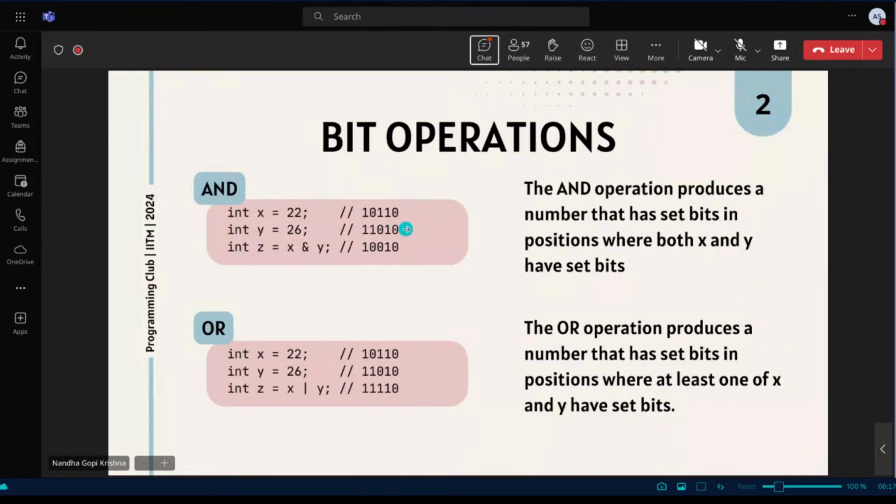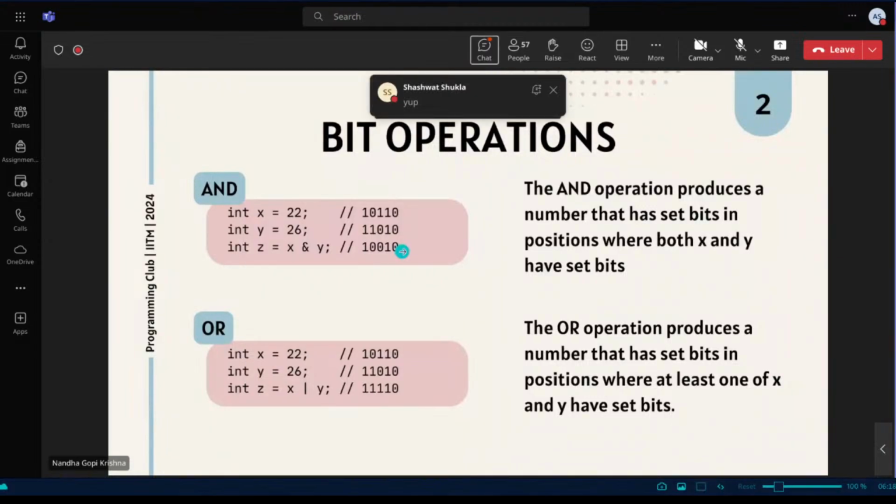I hope all of you know that integers are internally represented as binary in a computer. Do all of you know that? I'm assuming you do.